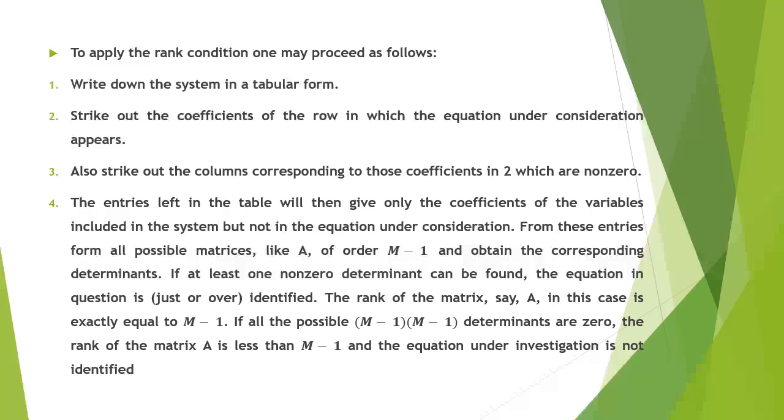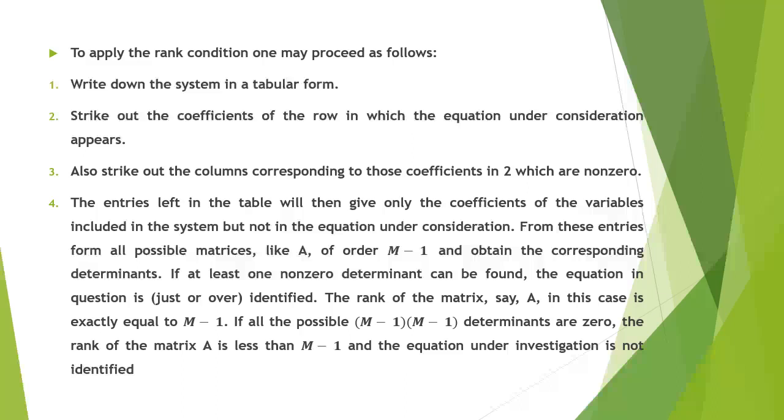Third, also strike out the columns corresponding to those coefficients in it which are non-zero. And the fourth step, the entries left in the table will then give only the coefficients of the variables included in the system but not the equation under consideration.